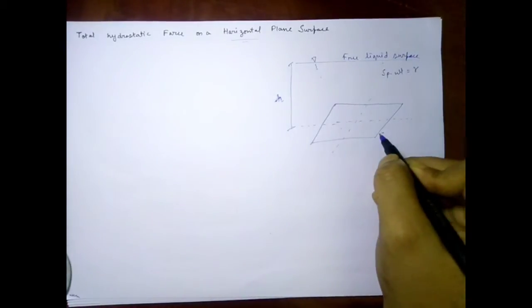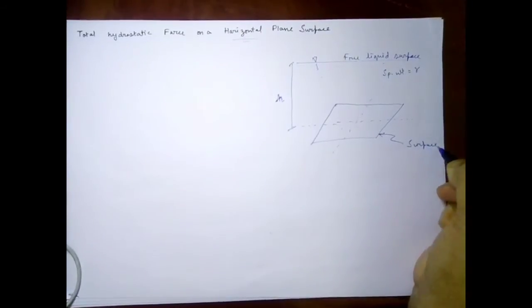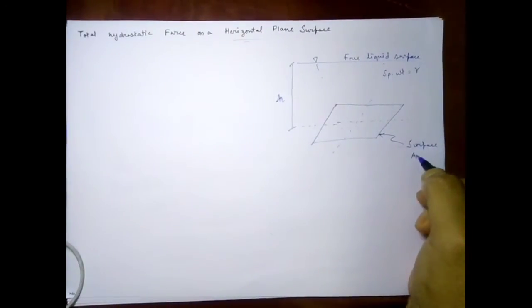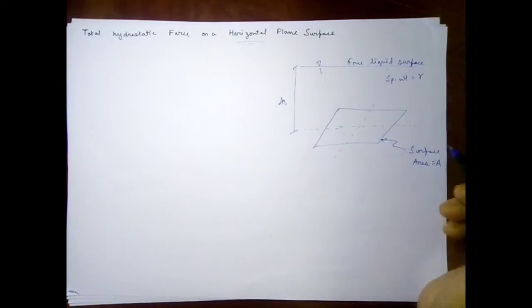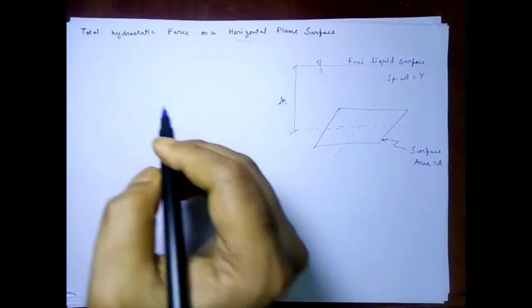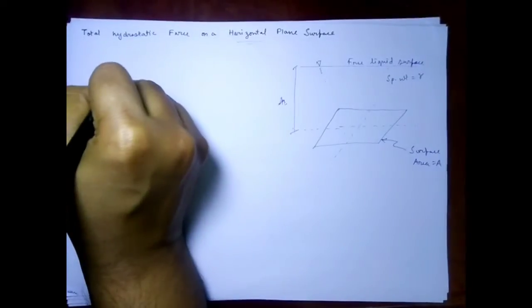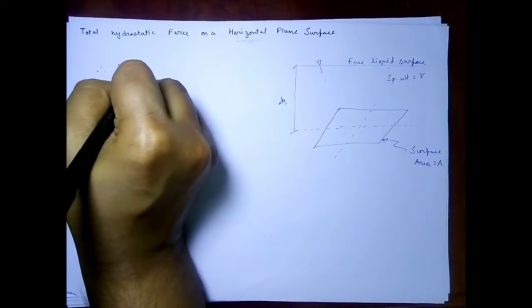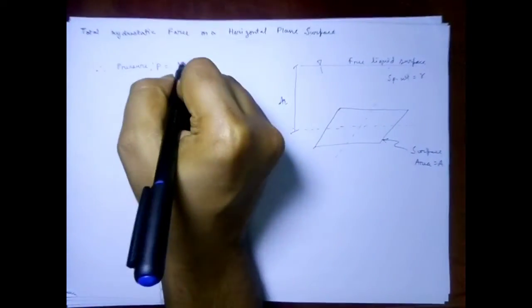Also, let us consider that it has surface area equal to A. So we have surface area A and we have gamma, and it is h below. Therefore we can say that the pressure P is equal to gamma h.